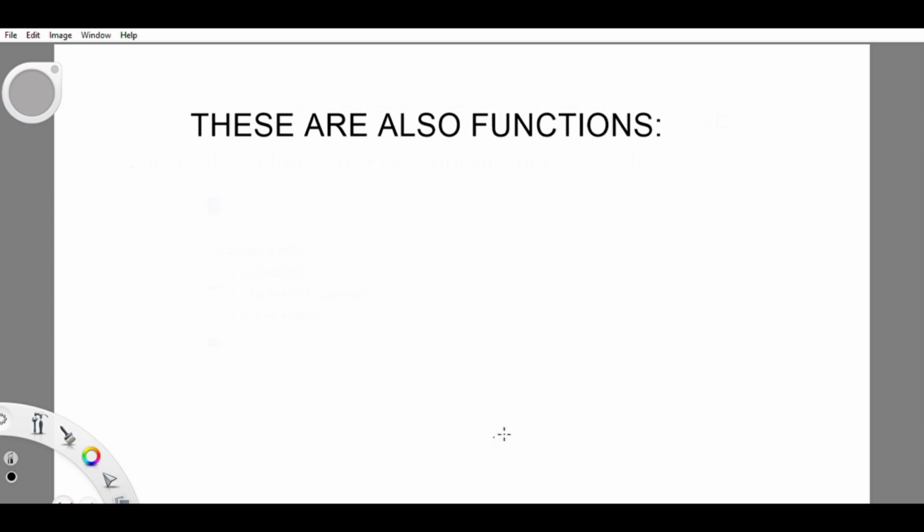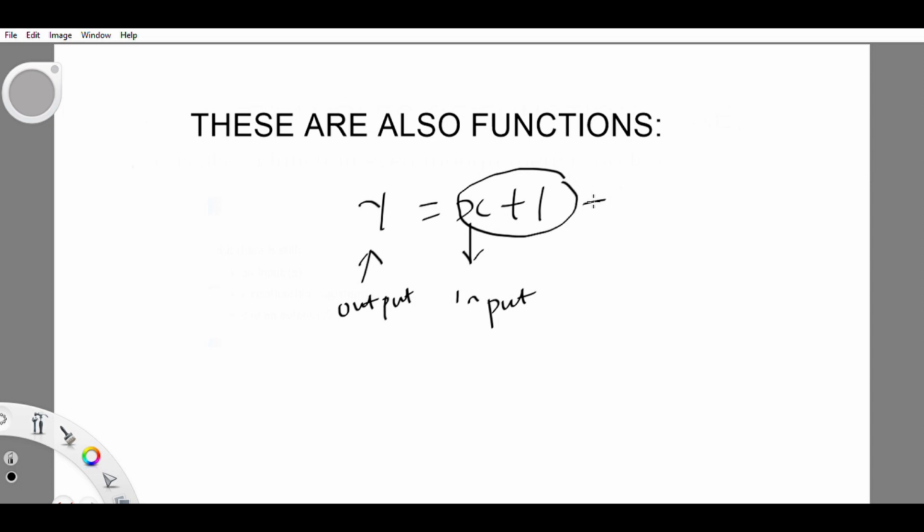There are also other functions that are written without the f of x. For example, y equal to x plus 1 is a function, just that there's no f of x written in front of this. So again, x here is the input, the y is the output, and this x plus 1 is the relationship.